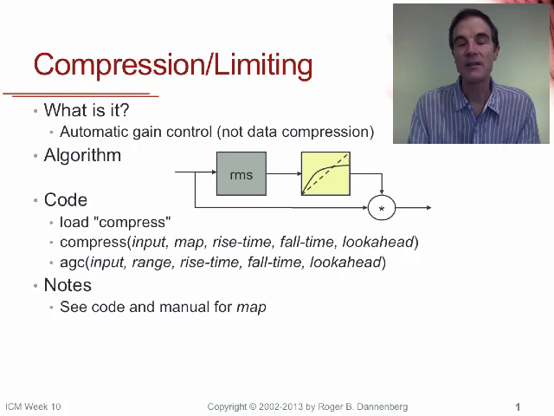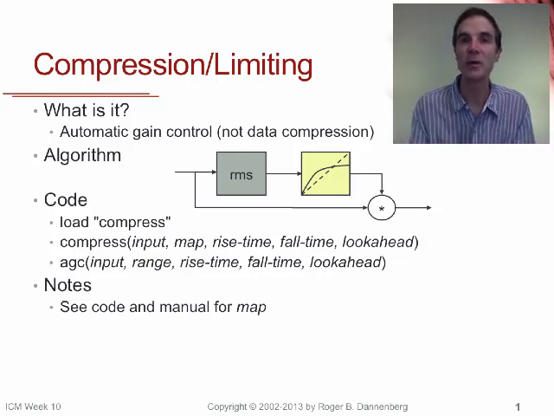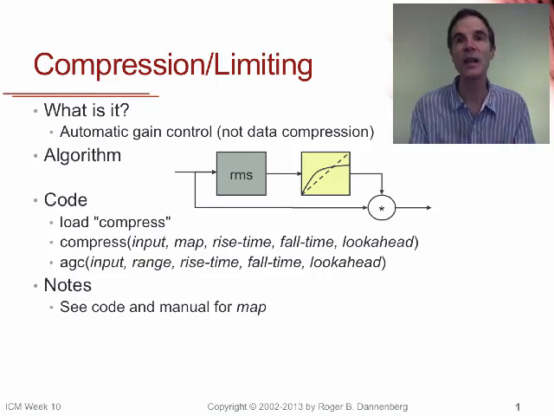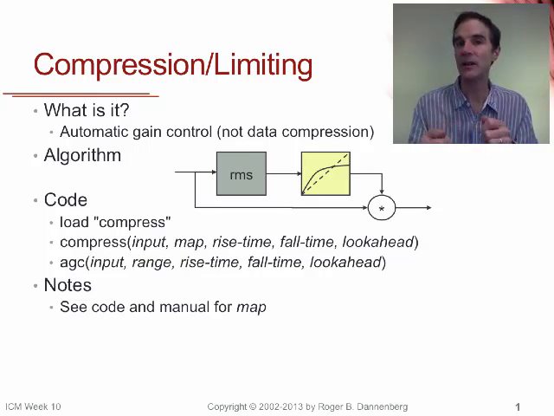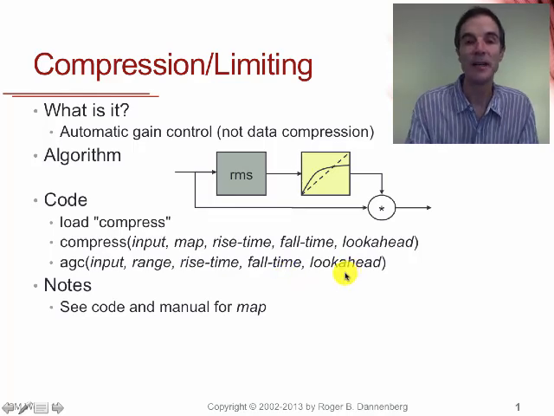AGC is intended for long-term automatic gain control of the sort that you might find maybe in your laptop, certainly in video cameras, lots of recording devices for consumers. Rather than requiring the consumer to adjust the gain, they do it automatically. The AGC function has a rise time and a fall time, and it also does some look ahead.